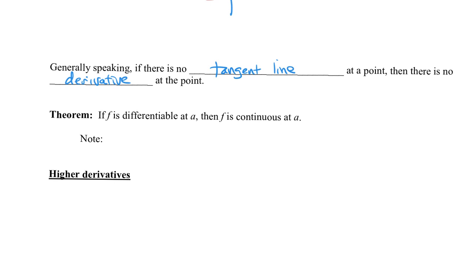We do have a theorem. A theorem says if f is differentiable at a, then it is continuous at a. This theorem says that differentiability implies continuity. So if a function is differentiable somewhere, then it's continuous there. But the converse is not true.